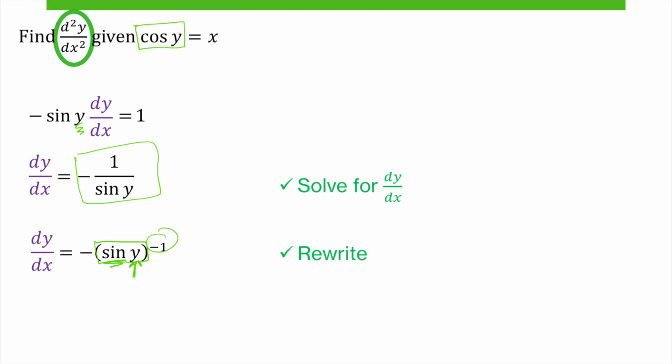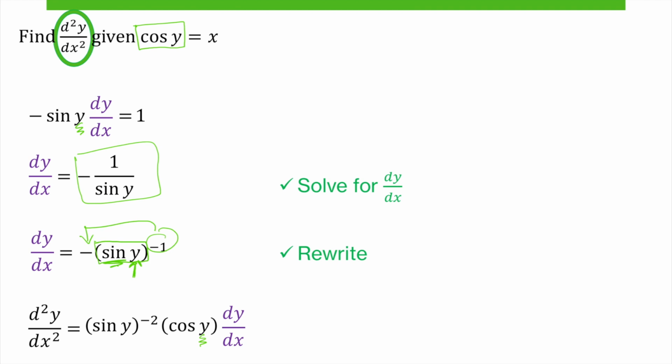So taking the derivative of the outside function, the negative 1 will come forward. You get sine y to the negative 2. Now the derivative of sine y is cosine y, keeping that y the same. And then the derivative of y is dy dx.